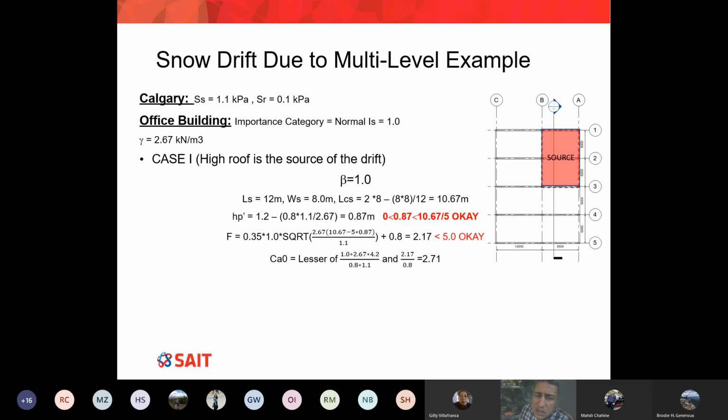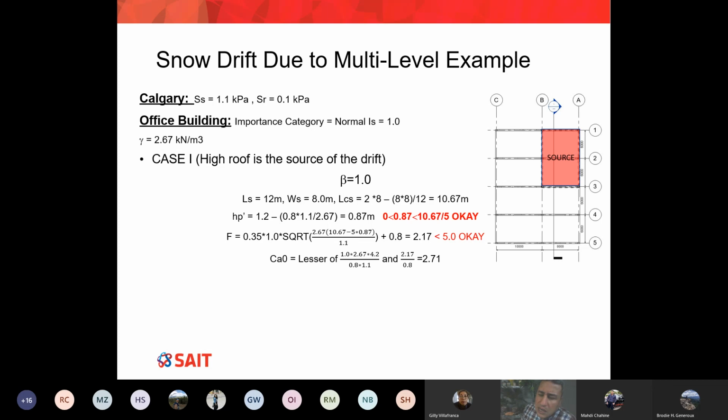And then there is a calculation which is not really related to any case, which is the specific weight of the snow. Without details, I mentioned here that gamma is equal to 2.67. Hopefully, guys, you remember how we got this number, 2.67. This is the snow specific weight in Calgary, because the SS in Calgary is 1.1, and since it's less than 4, we get 2.67.